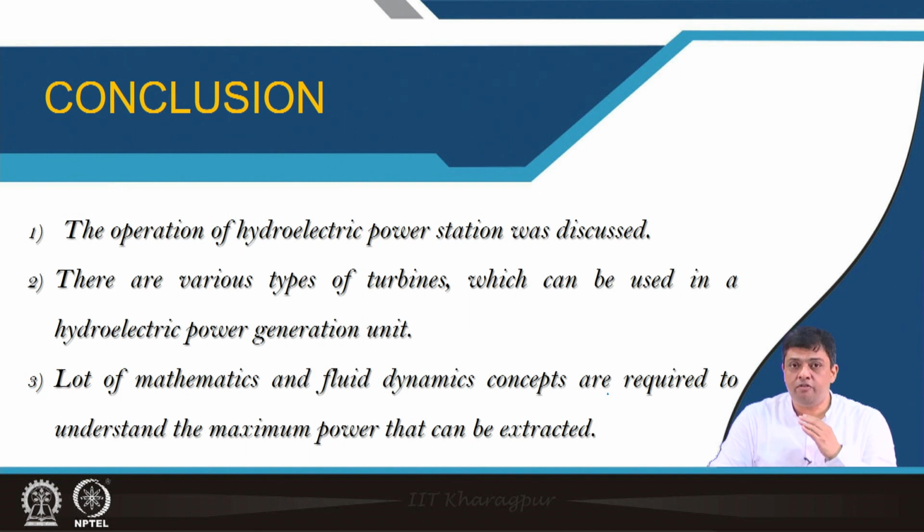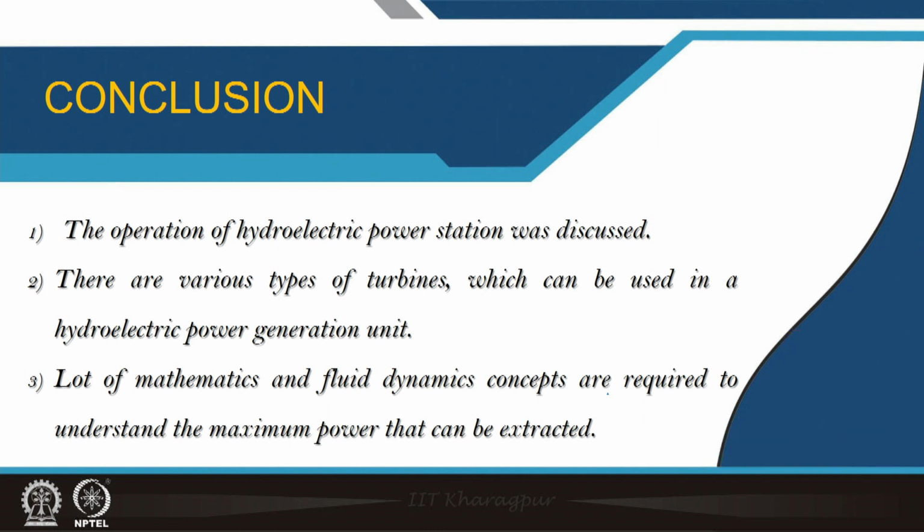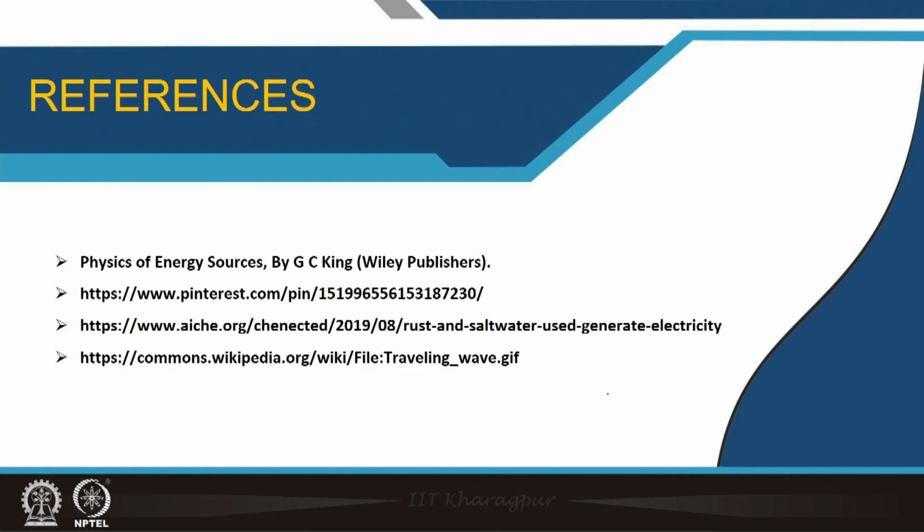You should also be very clear that a lot of mathematics and fluid dynamic concepts are required to understand the maximum power that can be extracted in such systems. And I recommend that you practice the derivation of these formulas on your own before solving the numericals.